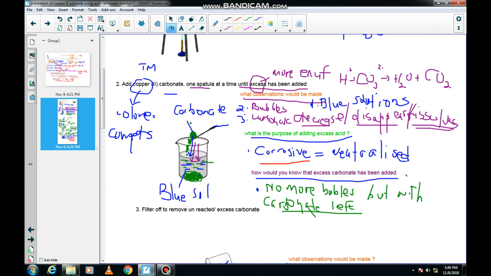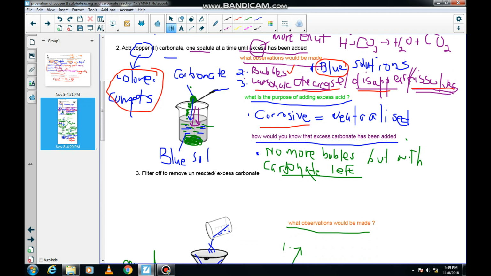As we add the carbonate to the acid, we will observe bubbles indicating that a gas is produced. We will observe a decrease in the mass of the carbonate because it is being used up, dissolving in the acid. If our carbonate is of a transition metal, we will observe a colored solution being formed, and if it is copper, the solution will be blue.